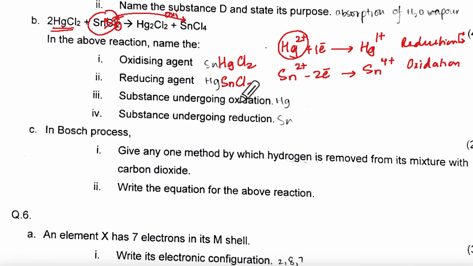Now, which substance undergoes oxidation? Sn2 plus, this one. And the substance undergoing reduction? HgCl2. The oxidizing agent will undergo reduction.